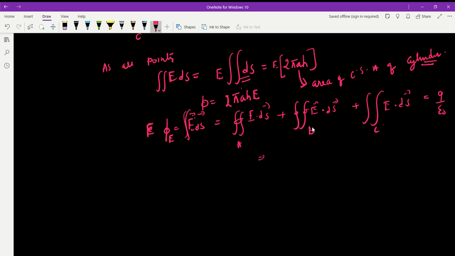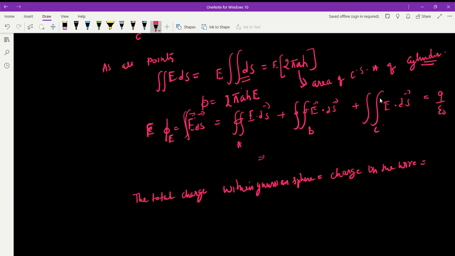So the total charge within the Gaussian surface is equal to the charge on the wire. As I said, the height of this wire is h, and since it has linear charge density, the charge is lambda into h.